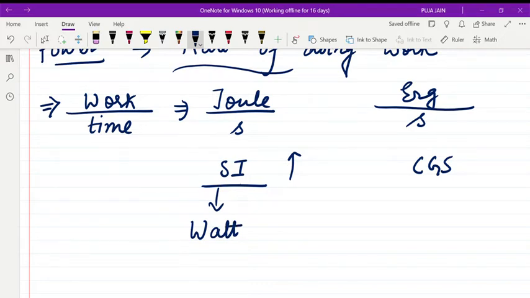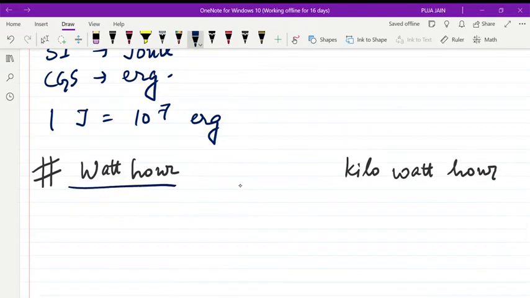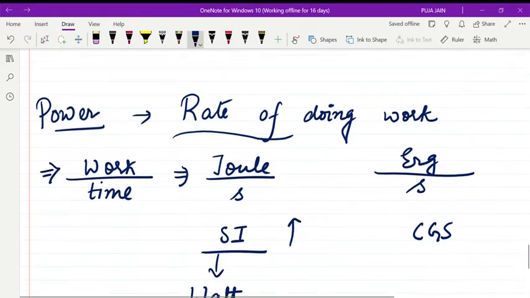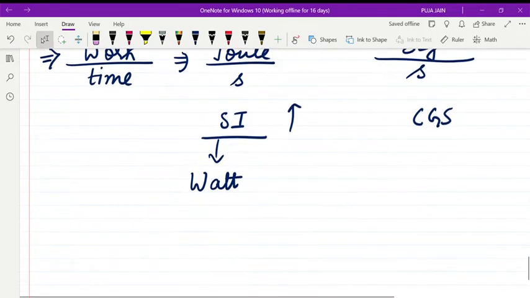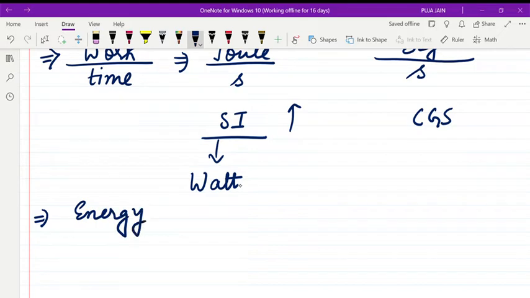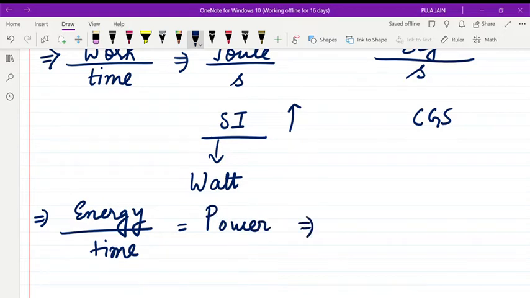So now here I will come back again. Since we know that power is work per time, power can also be written as energy divided by time. That means energy is power into time, right?